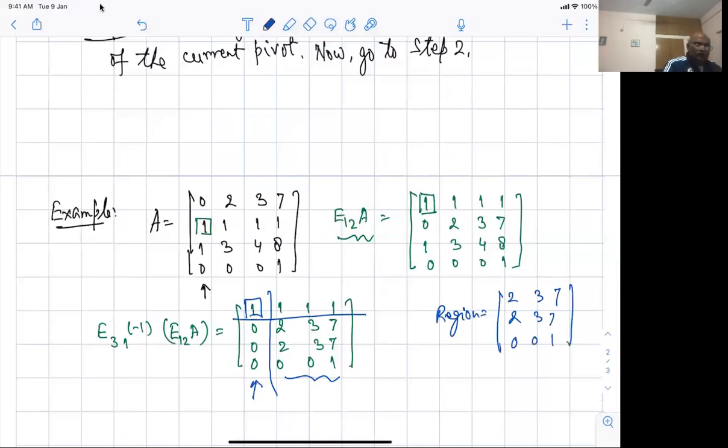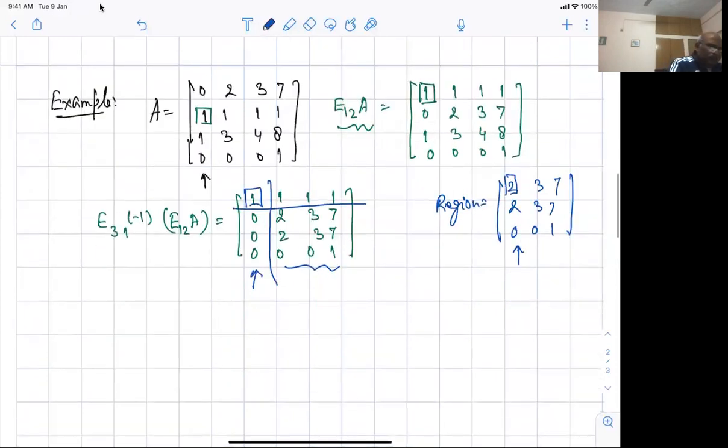In this, this is the non-zero column. The first non-zero entry is this. I am supposed to make it 1. So to make this 1, I'm looking at the second row, and the second row needs to be multiplied by half. I need to apply this here.